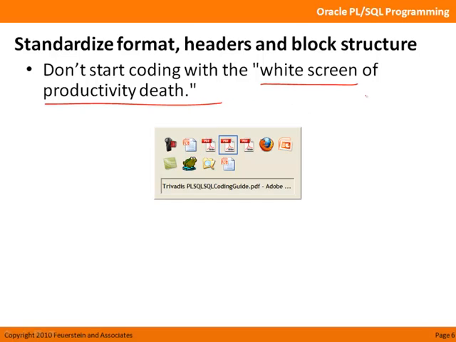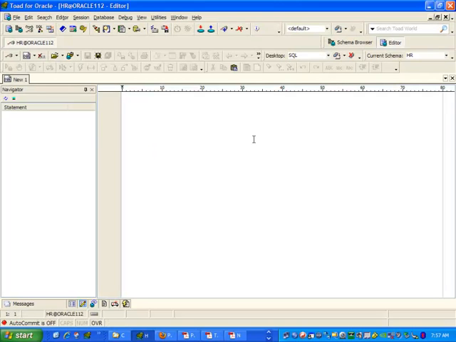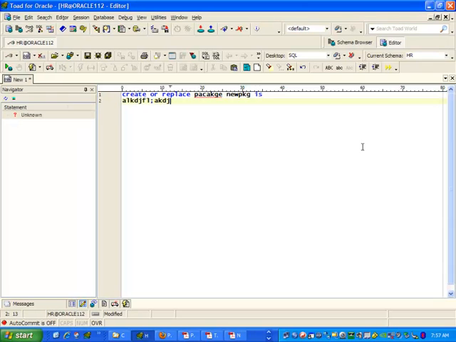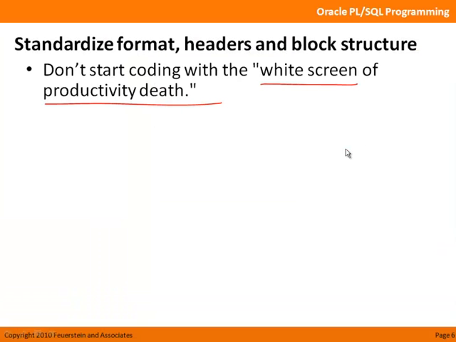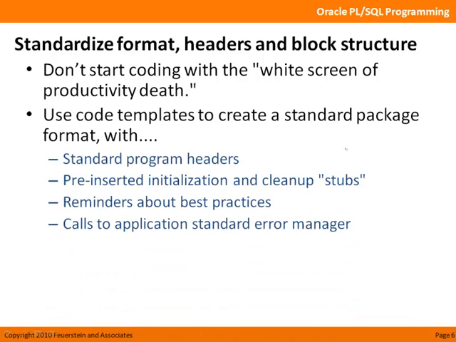In other words, okay, Stephen, time to write a new program. I click on my edit button and I end up with a big white page, and I write create or replace package, new package is, and on and on, writing and writing and writing code. It's a very unproductive way to write code, and also it means that there's virtually no chance that you will standardize the way that code is written.